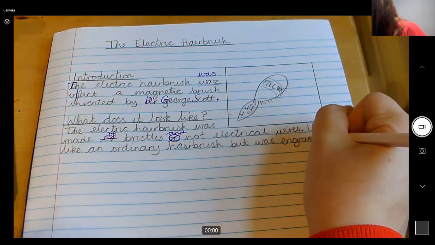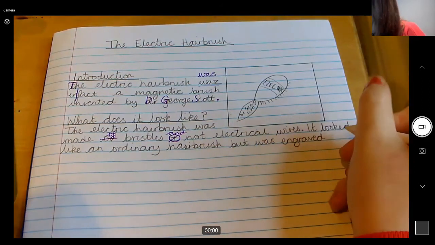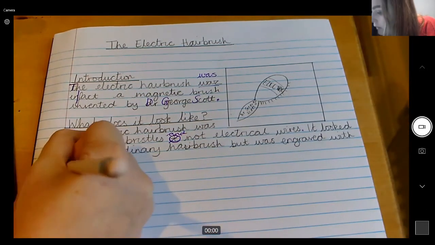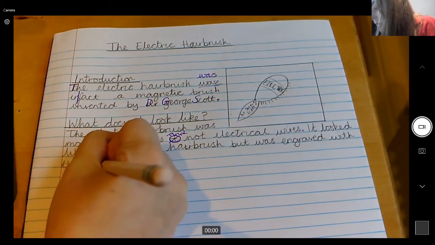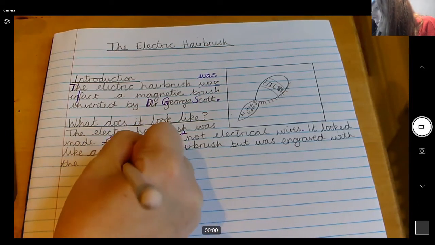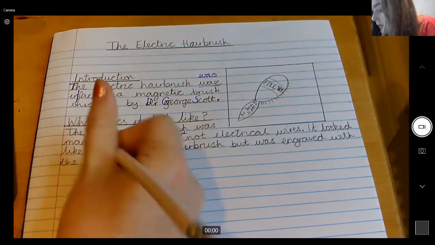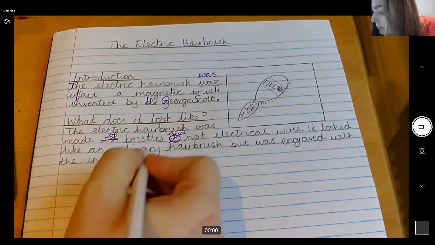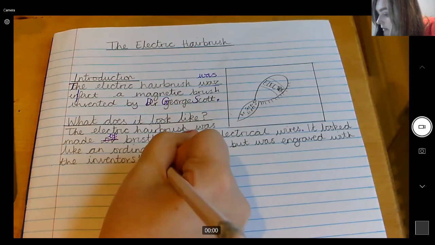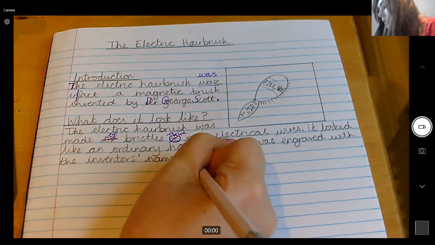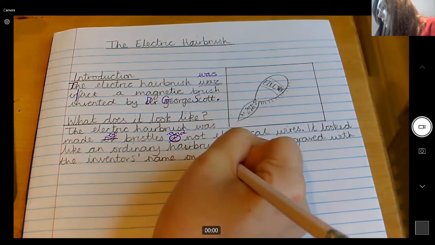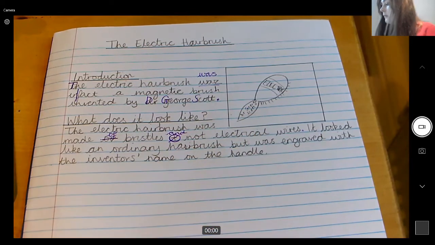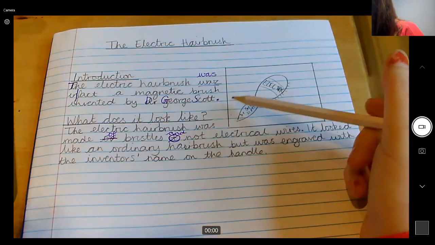Remember, that's one of our key vocabulary words. Engraved with the inventors. Now, the name is owned by the inventor, so you need an apostrophe. Inventor's name on the handle.